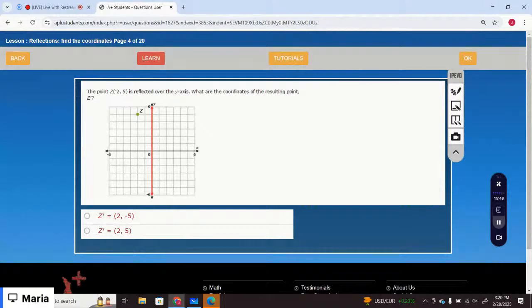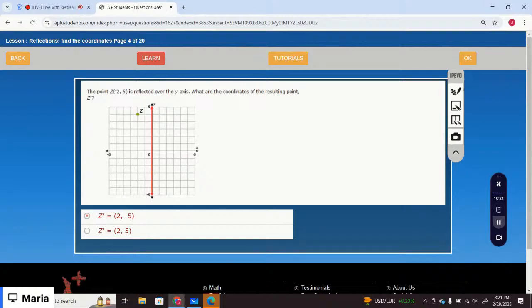What are the coordinates of the resulting point? That is (2, 5), sorry.